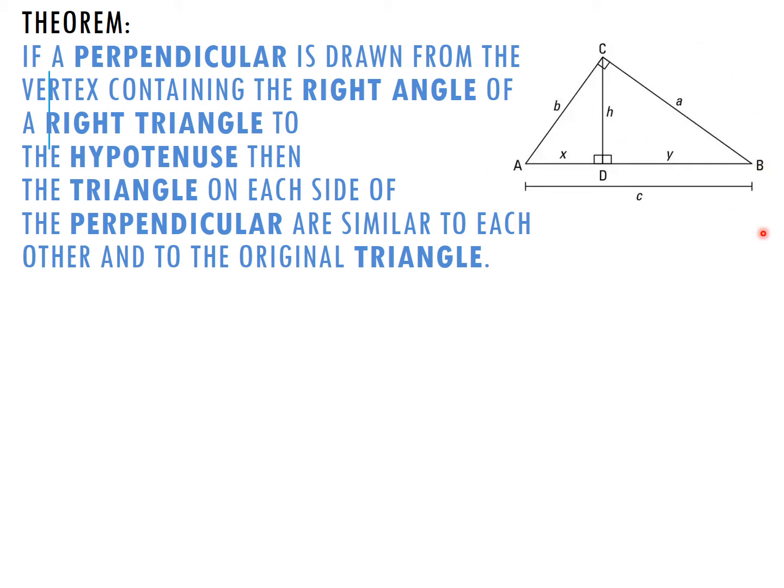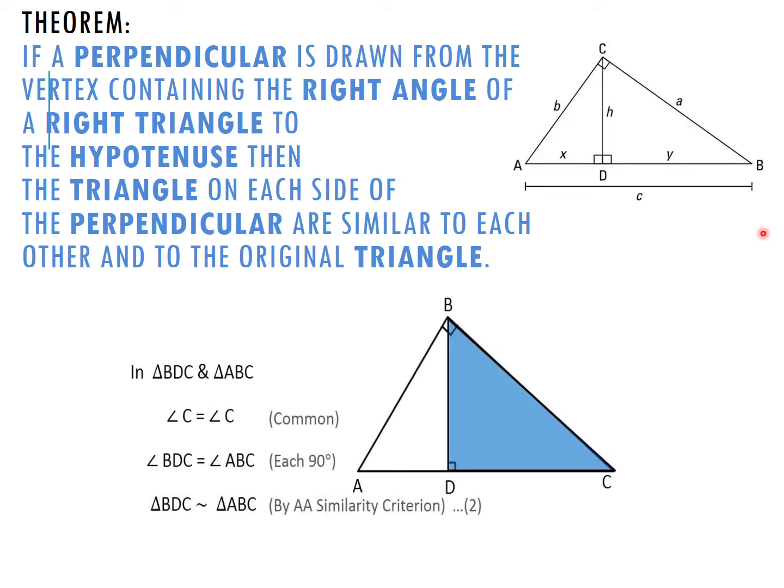Even though the proof is not in your syllabus, let us see one part of it so that it becomes much clearer. In triangles BDC and ABC, the BDC one is colored in blue and ABC is the entire triangle. We can see that angle C is common. So we can consider this as an equal angle or the common angle.